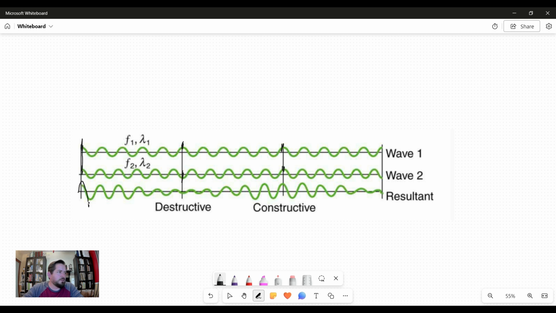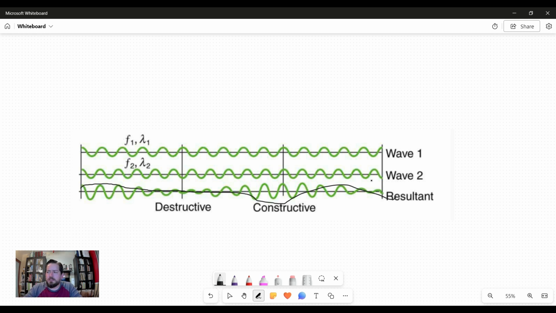I get this bigger wave here. It's destructive, so it's a very small wave. It's constructive again, so I get this bigger wave. You can see in the overall picture there's this big wave, and then small, and then bigger and small, and that's a terrible drawing, but hopefully you can see that, where it's big for a while, and then it gets to the small during the destructive phase, and then gets bigger with the constructive phase.